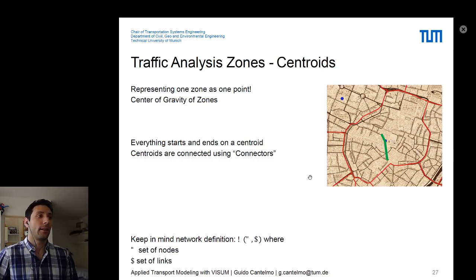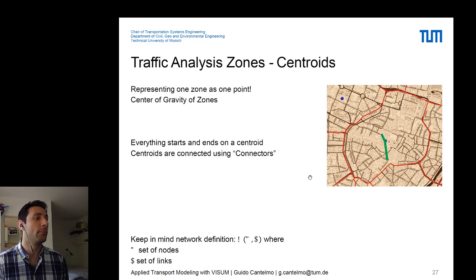And this is how we start modeling the interaction of one traffic analysis zone with the others. So this is, for instance, the city center. What you can see in this slide in blue is what we call the center of gravity of the zone. And what we see in green is the connector. What do these things represent?